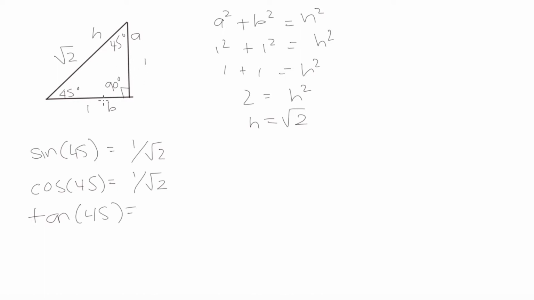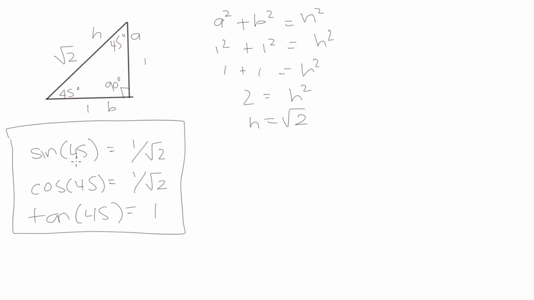So we would get 1 over 1, which is just equal to 1. So for our first special triangle, we know that these are going to be the answers that we get when we take sine, cosine, and tangent of those angles. So if you're asked to determine sine 45, cosine 45, or tan 45, you're going to know right away what the answers are going to be without having to plug this into your calculator.